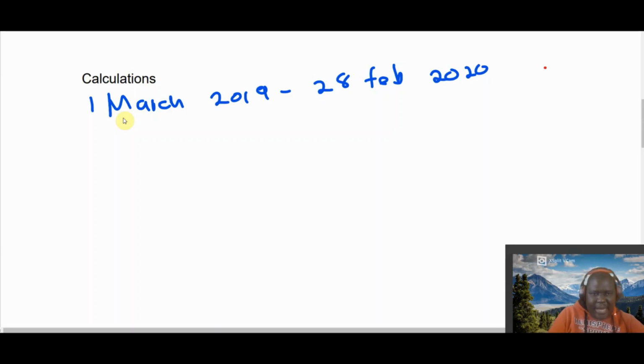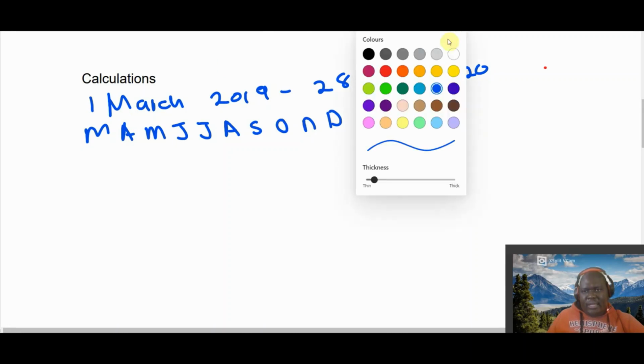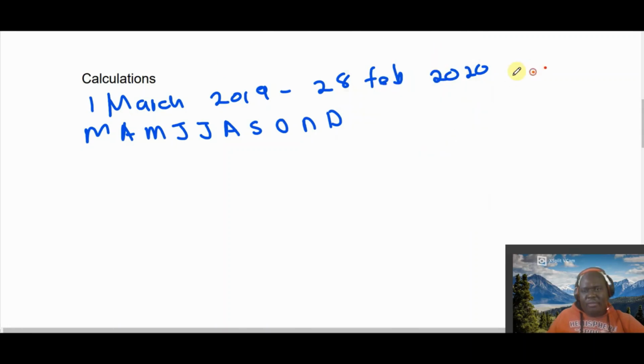So in the timeline we would have March, April, May, June, July, August, September, October, November, and December. So for the period where rent is increasing, I will have to use a different pen so that we can remember that this will factor in the decrease.